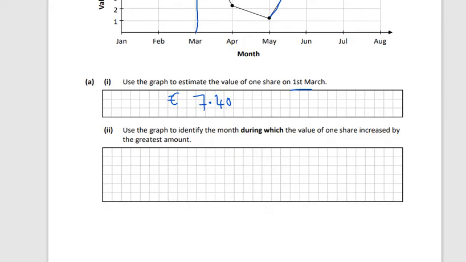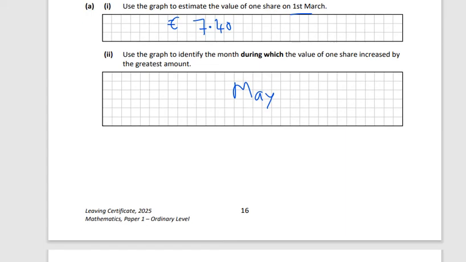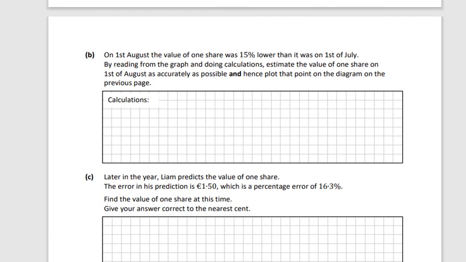Yeah, it was May that it increased, because each dot represents the first day of each month. So it's going to be May that it was increasing in. By the 1st of June, it had increased a lot.